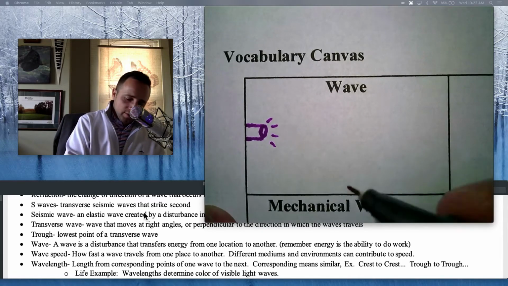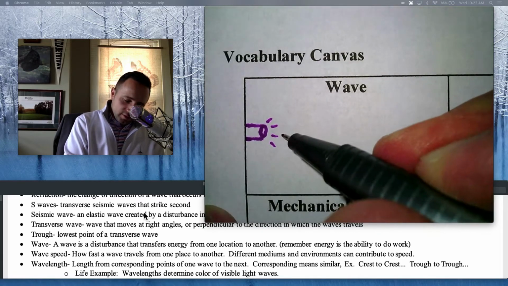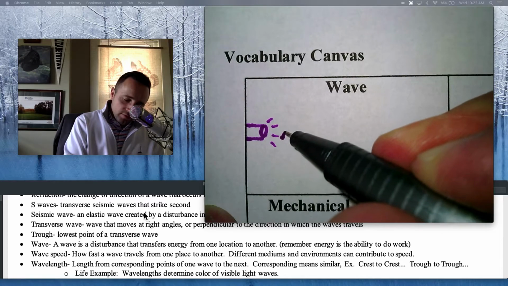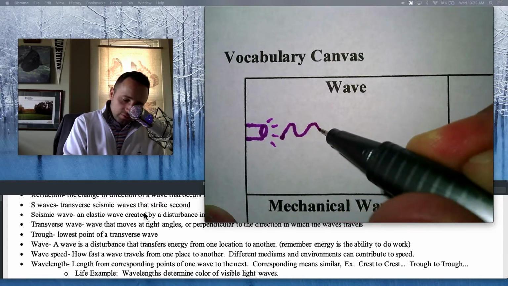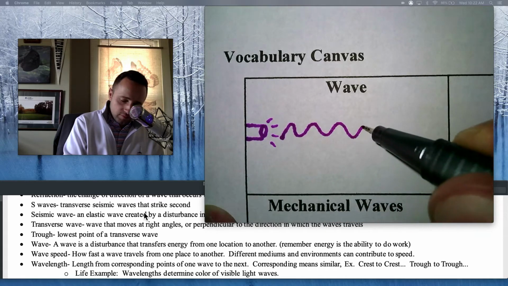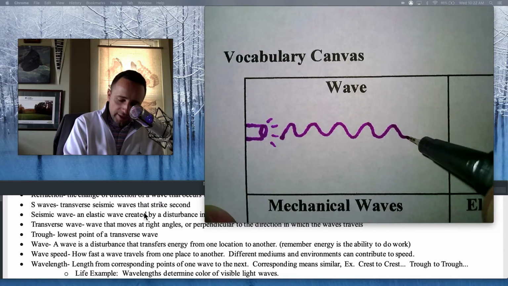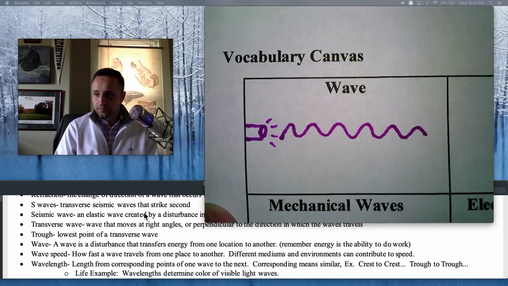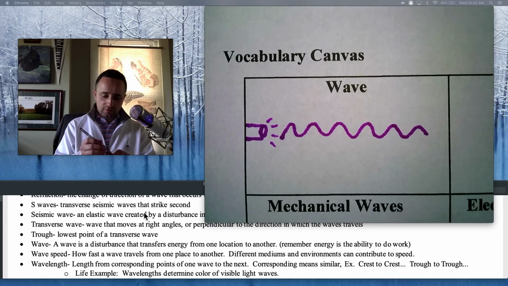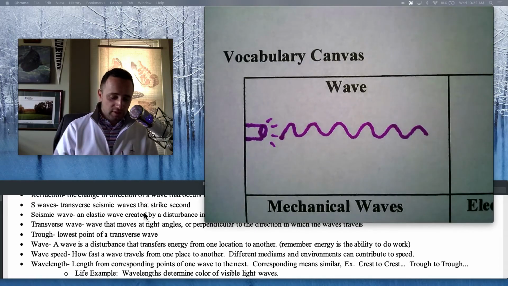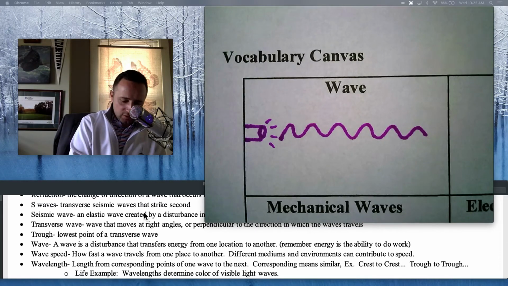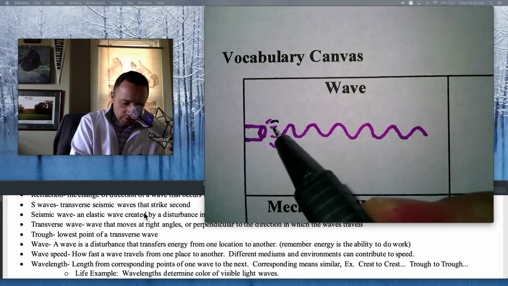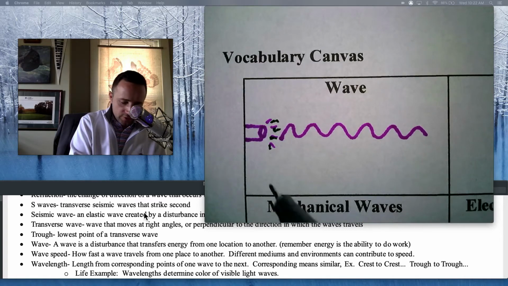All right, now this is a wave. And we'll learn more about why it looks like this in the future or what it is. And let's just pretend that these little green squigglies are energy.